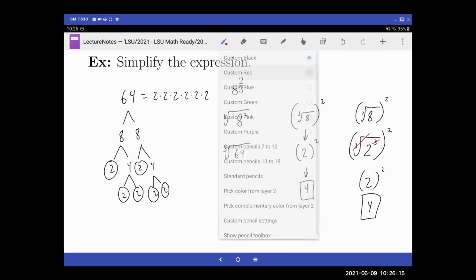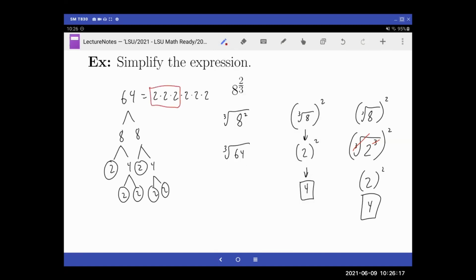All right, groups of 3. There's one. That comes out of the radical. There's another. It comes out of the radical. There's nothing left, right, to put back in the radical. So there's no more radical. And what's 2 times 2? Yeah, there you go. It's 4 again.